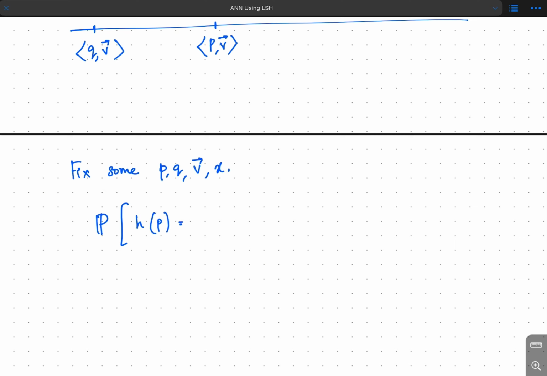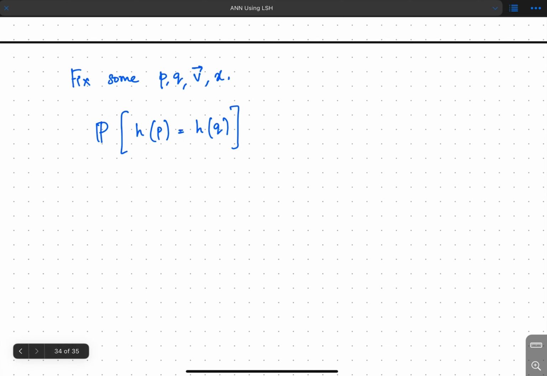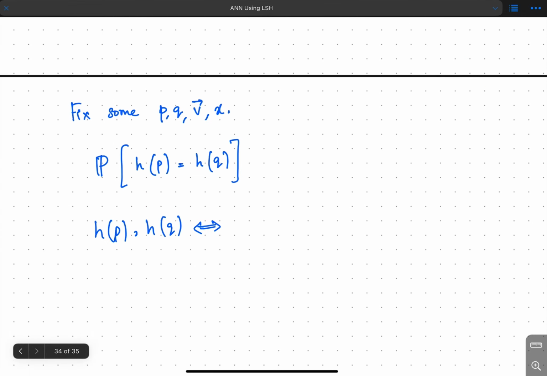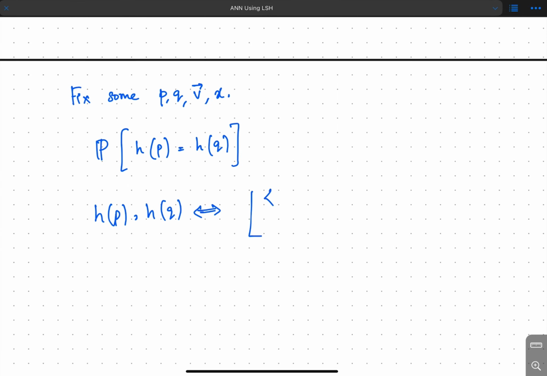So the probability of h of p equal to h of q. When does h of p equal to h of q occur? That will occur when p comma v bar plus t by x is equal to q comma v bar plus t by x.